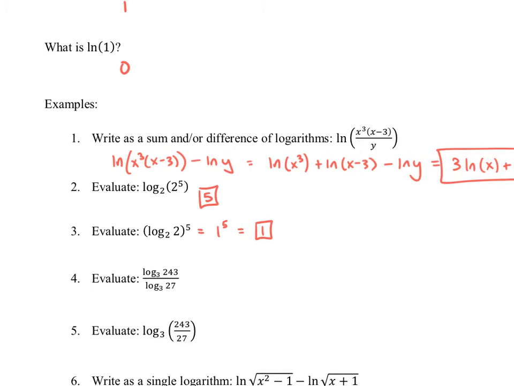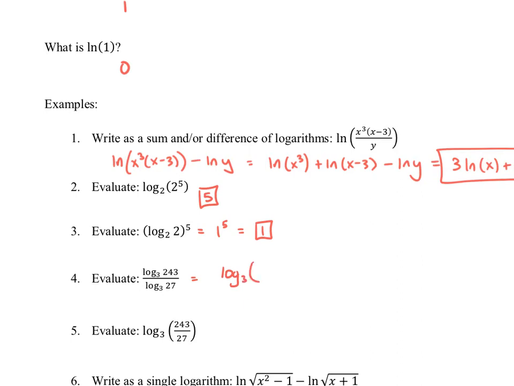With number 4, we want to probably simplify this a little bit. I would make this log base 27, and then 243 is going to be our argument. Actually, you know what? I'm going to change that just a little bit. I think this will be easier for us. Let's leave it as log base 3.